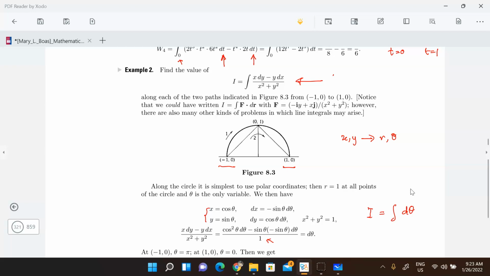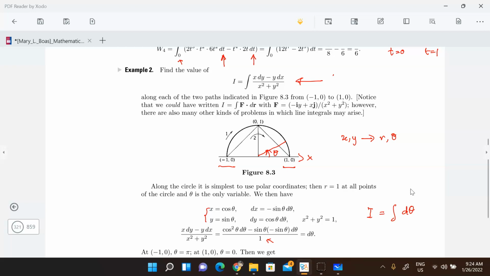Again, one needs to remember how to put the limits. The limits previously were minus 1, 0 to 1, 0. Over here you have to remember how theta varies. Your theta varies from your x-axis, so theta is going that way, but now you are required to move in the other way.